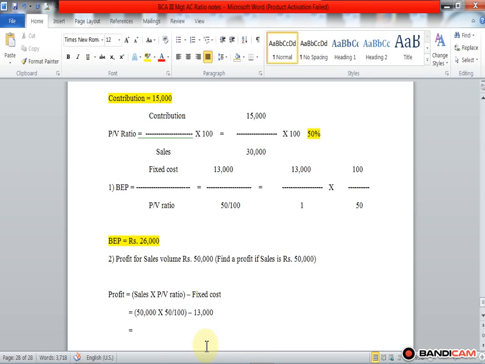Two zeros get cancelled, and it is 25,000.